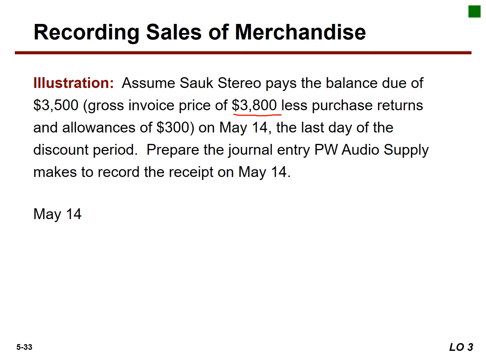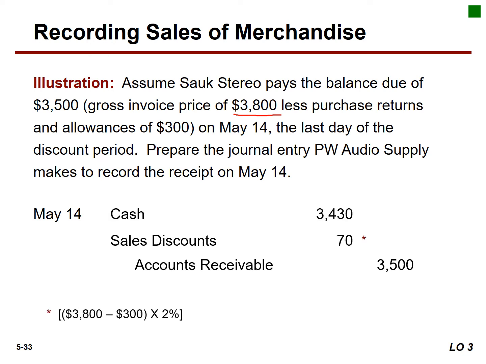This is how PW would record that transaction. Remember, Salk Stereo paid PW $3,430, so PW is going to debit cash for the $3,430, debit sales discounts, that contra revenue account, for that $70, and then the credit is going to be to accounts receivable for the $3,500.